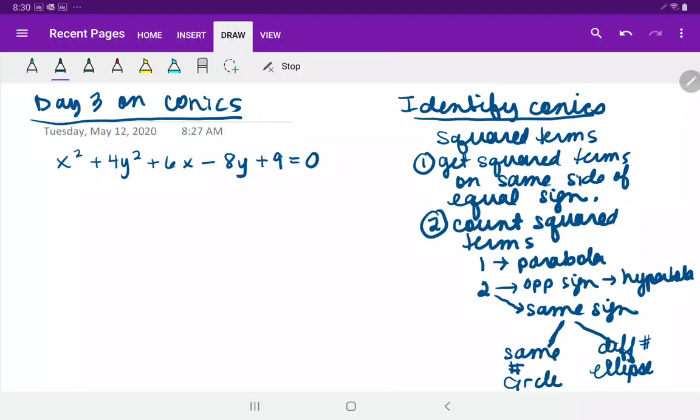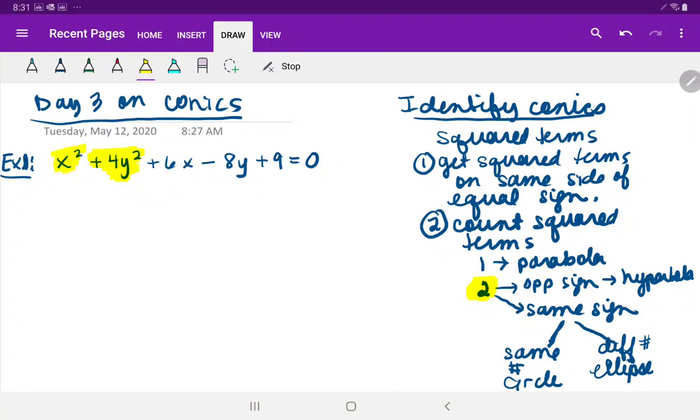So let me show you how we're going to do that on this example, and then we'll get started. So we'll call this example 1. So you look at the squared terms. So the squared terms would be the x squared and then the y squared. So you look at those 2 terms. Now there's 2 of them, so we're over here on the right side.